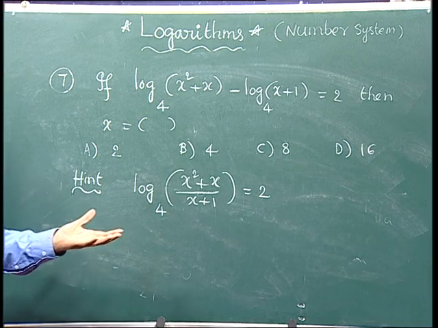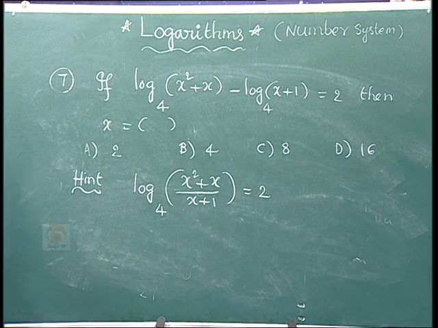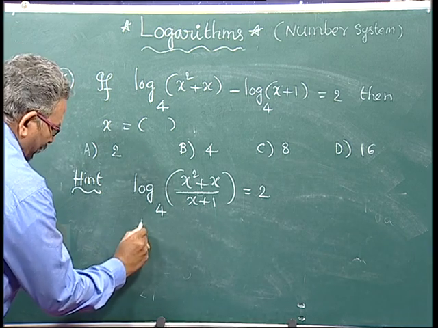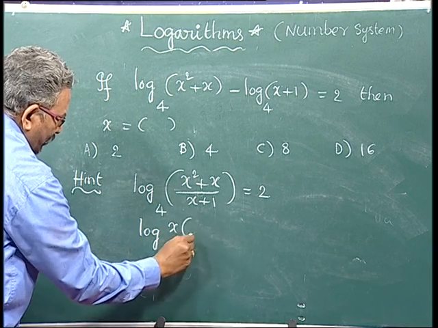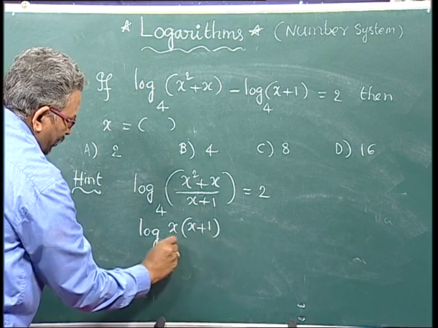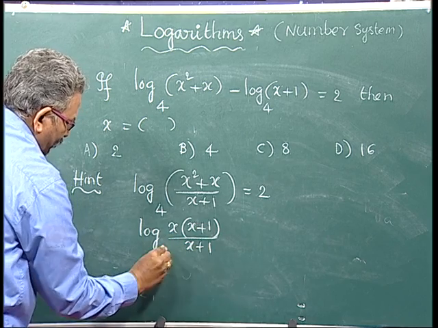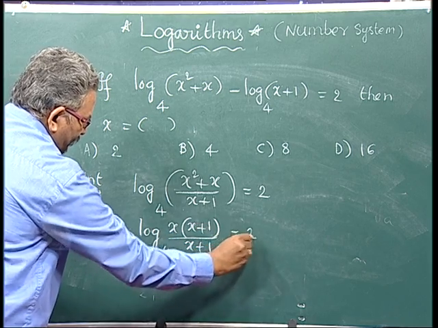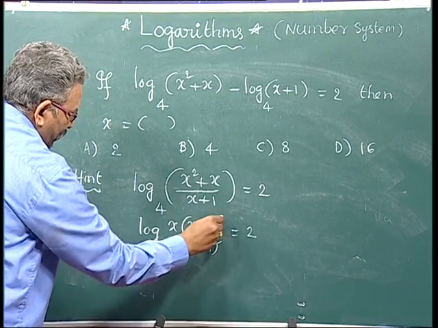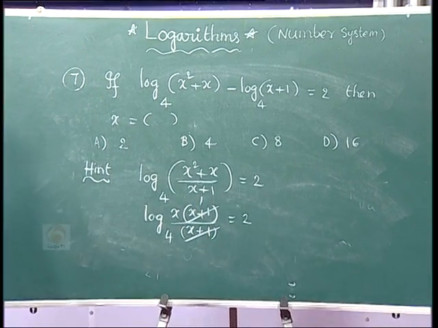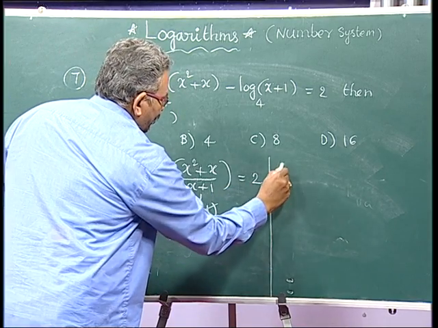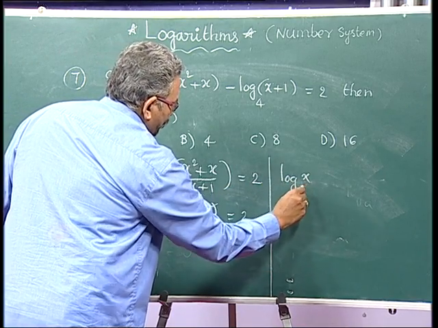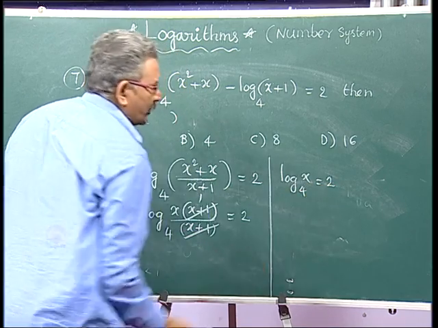Now, just simplification has to be done here. Log of, so x is taken out, x into x plus 1 by x plus 1 to the base 4 is equal to 2. Here see, x plus 1 gets cancelled. So, we have here log x to the base 4 is equal to 2.